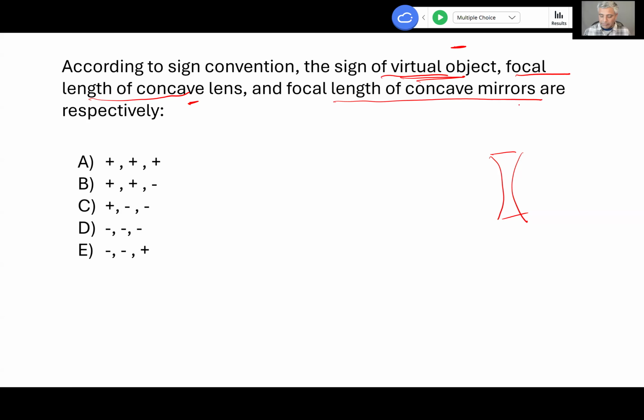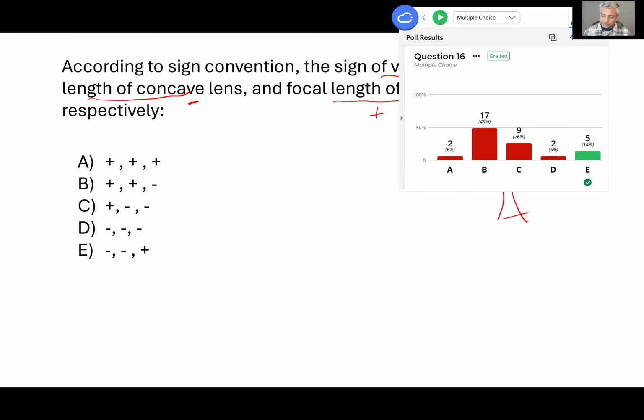Focal length of a concave mirror: a concave mirror, on the other hand, is like that, so it has a real focal point, which means it's positive. So it is negative, negative, and positive. Looks like you guys need to work on this one a bit more.